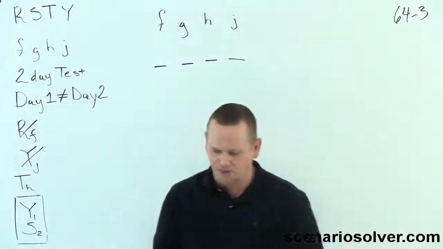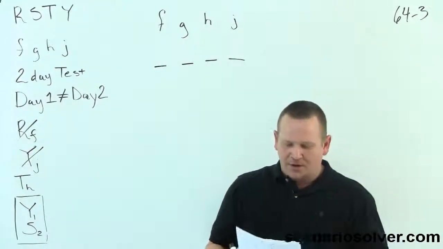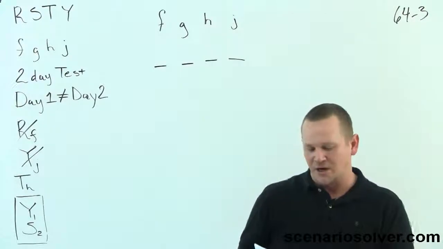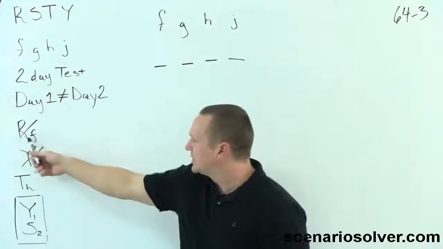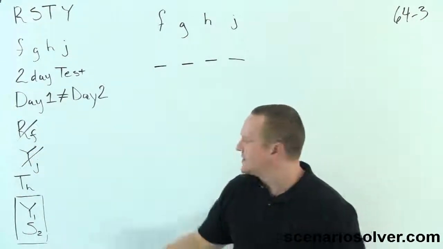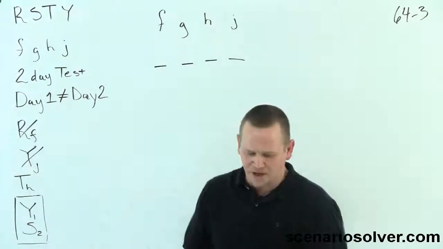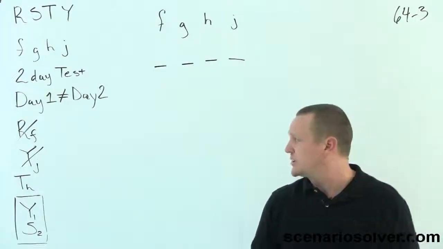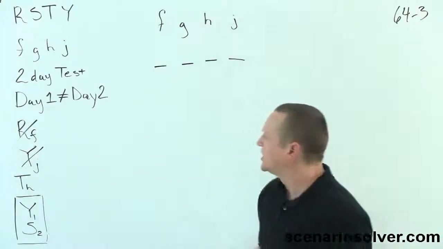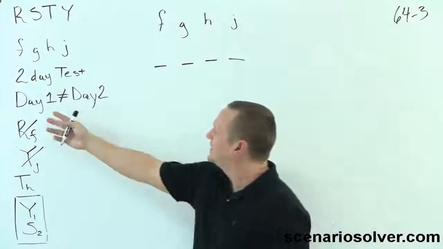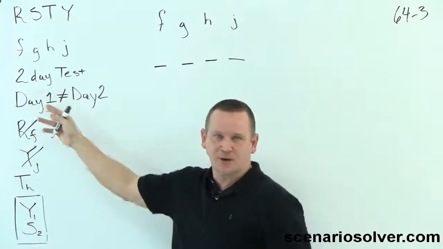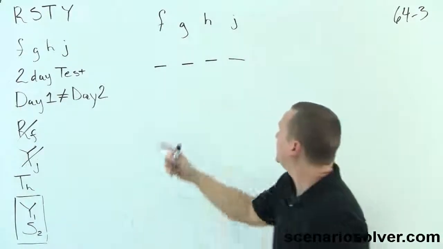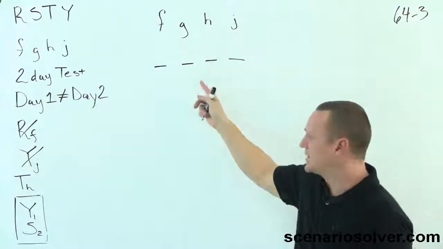So let's go ahead and take a look at the rules. The assignment of riders to bicycles is subject to the following conditions. R cannot test F. So we know that R cannot go with F. Y cannot test J. We know that Y can't go with J. T must be one of the testers for H. So T must occur with H. We know that you cannot test the same thing on day 1 and day 2, so I'm just going to put T must occur with H. We know that T has to occur with H either on day 1 or day 2.